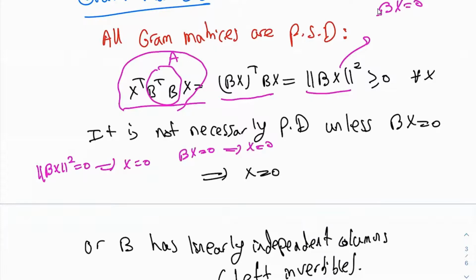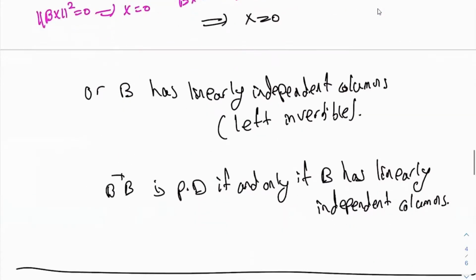This is only possible if B has linearly independent columns. That's very important. Therefore, B transpose B is positive definite if and only if B has linearly independent columns. Otherwise, B transpose B is always positive semi-definite. That's a very important thing to consider.